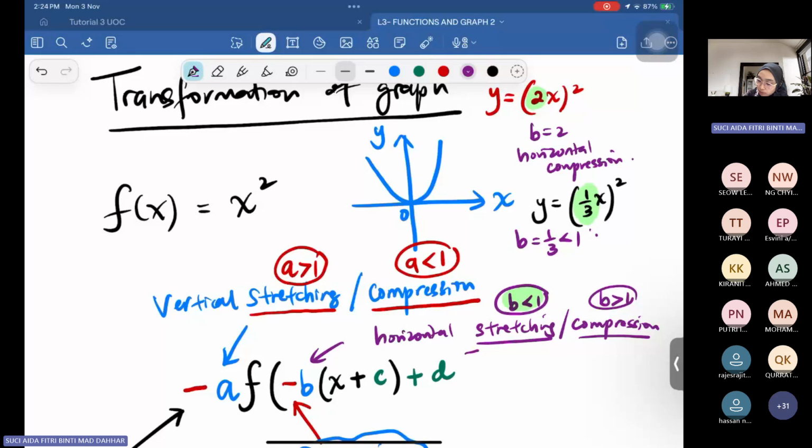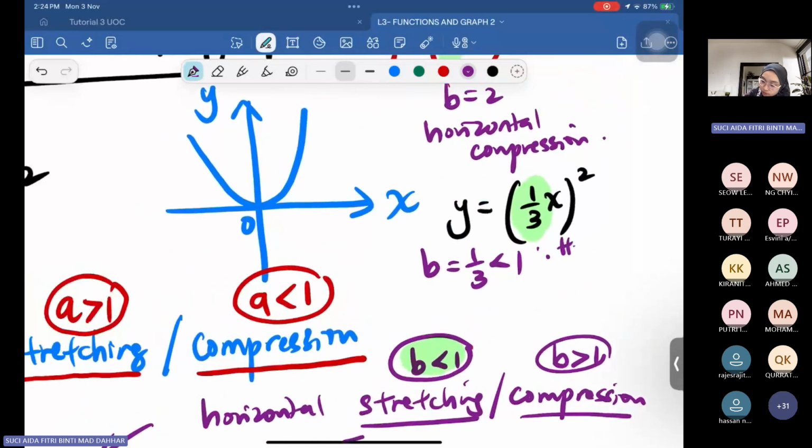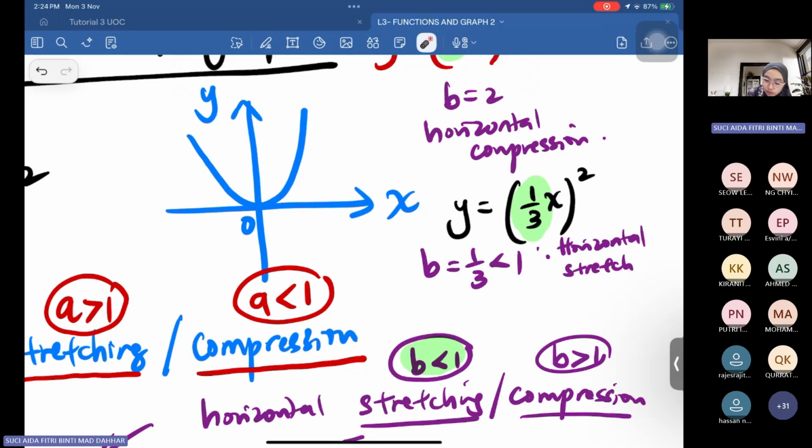This will make it a horizontal stretch. So how do you stretch horizontally? You have to stretch like this. So this will be stretched outside. Okay? So this will be wider.